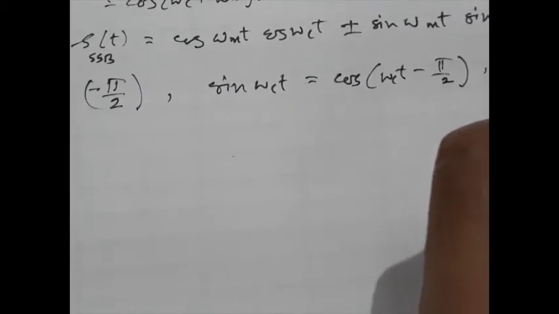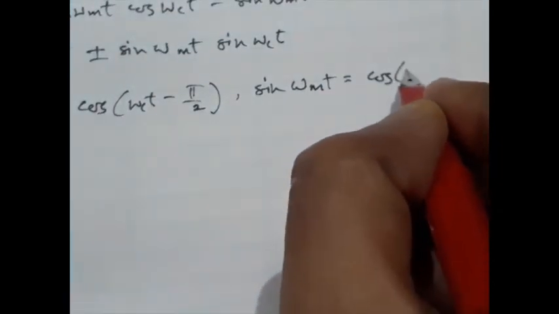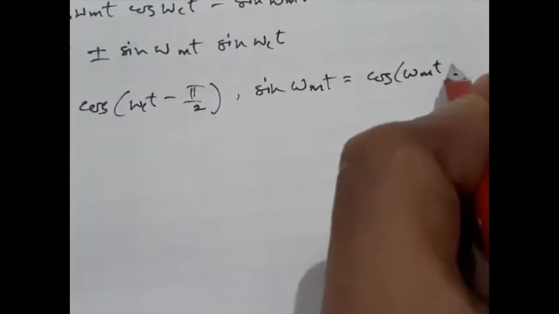Similarly, sine of omega mt is equal to cos of omega mt minus pi by 2.